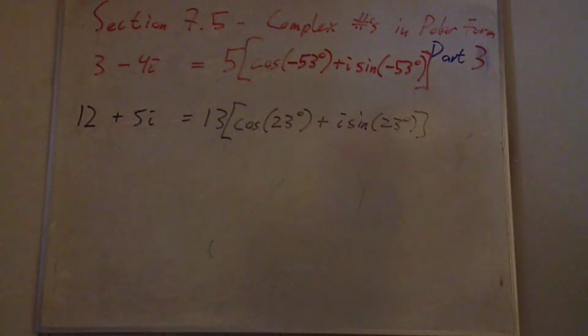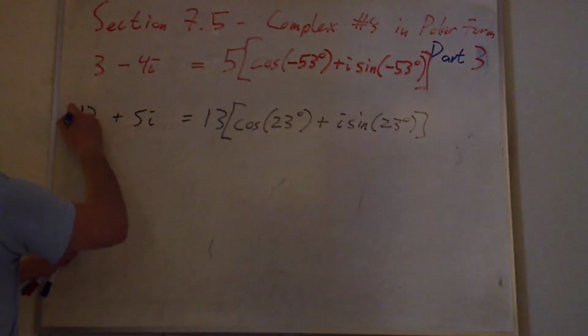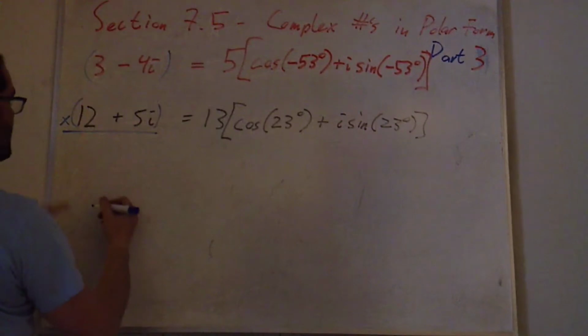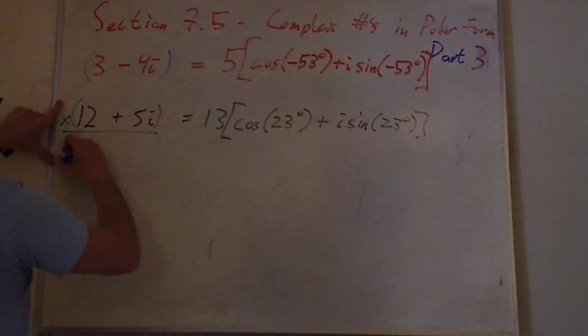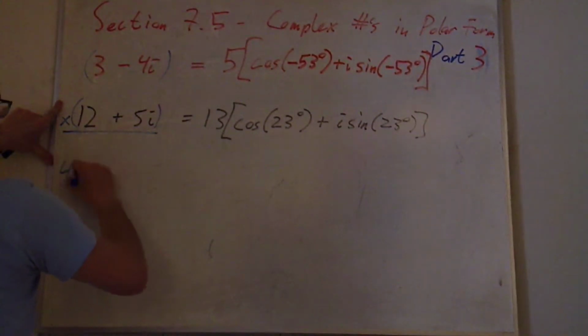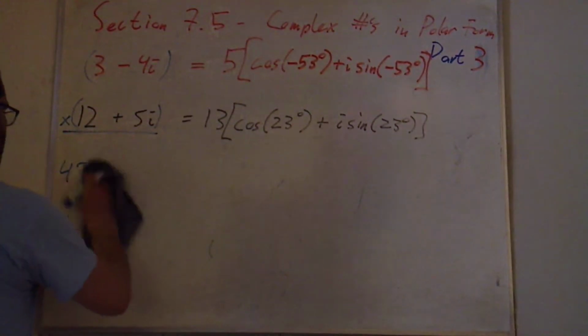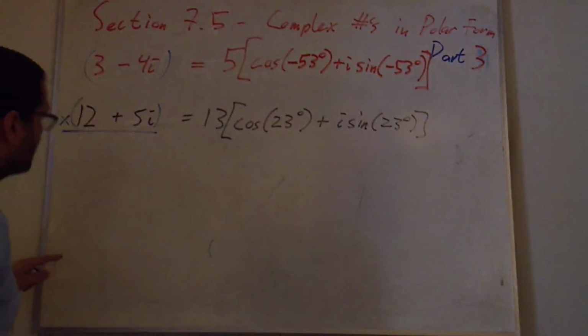I want to multiply these things together in rectangular form first. So I'll multiply this by this, and I should get 48. No, not 48. 36.